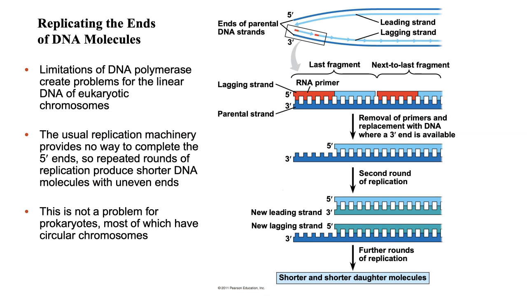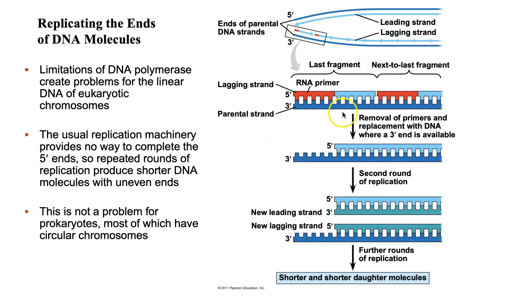The last bit about replication for this chapter has to do with replicating the very ends of our DNA strands. So this is only applying to DNA that is linear. So this has nothing to do with prokaryotes that have circular chromosomes. So what happens is you now know that you have the leading strand and the lagging strand.